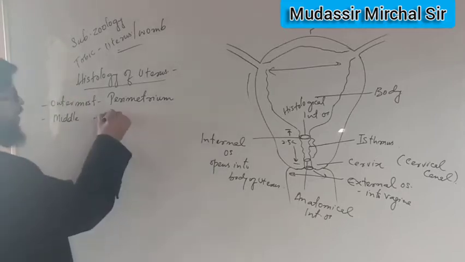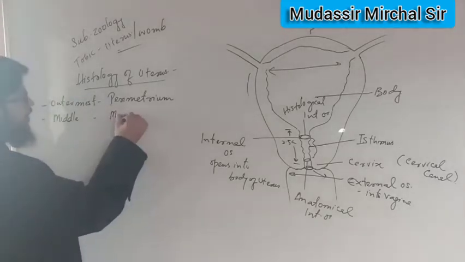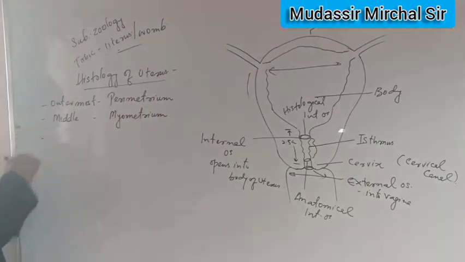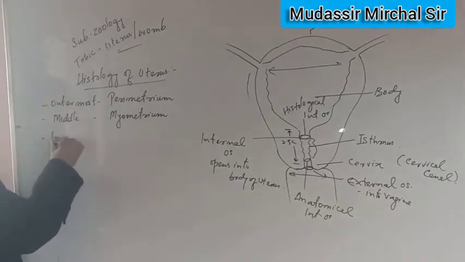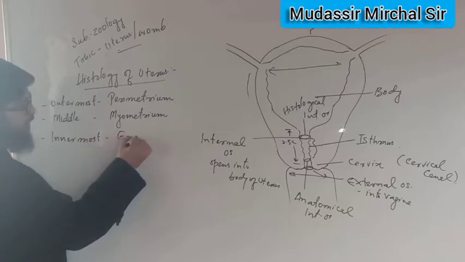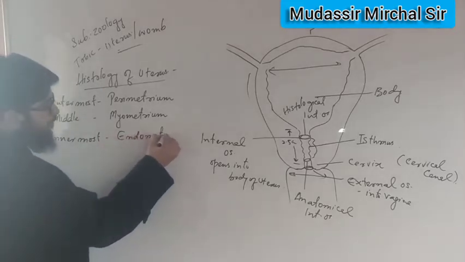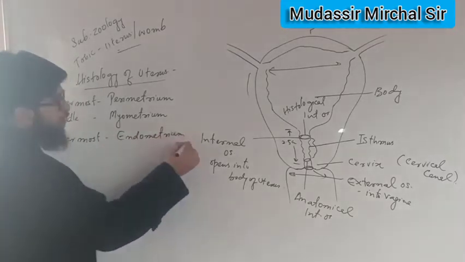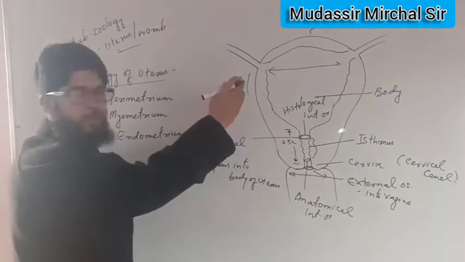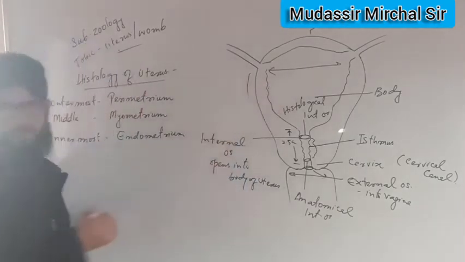It's muscular. The third one, the innermost, is the endometrium. Outer is the perimetrium, middle is the myometrium, and innermost is the endometrium.